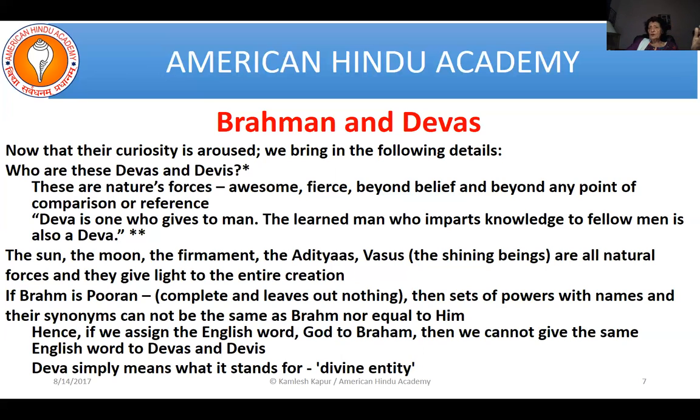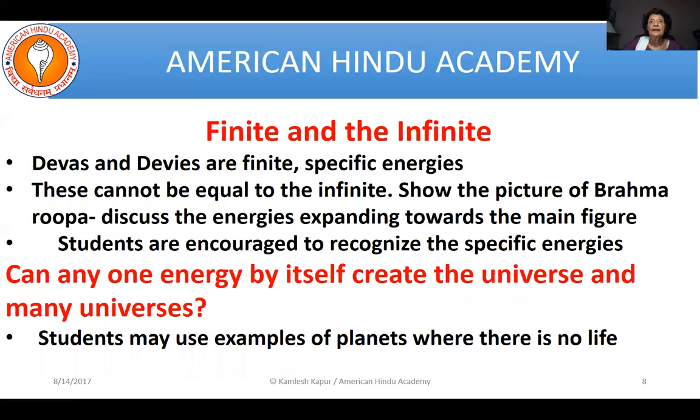When we worship those specific devas, we are actually worshipping nature and reality around us. So Surya Deva, moon, everything. Now, try to distinguish, point out that something which is complete and something which is a part, can the part be equal to the whole?